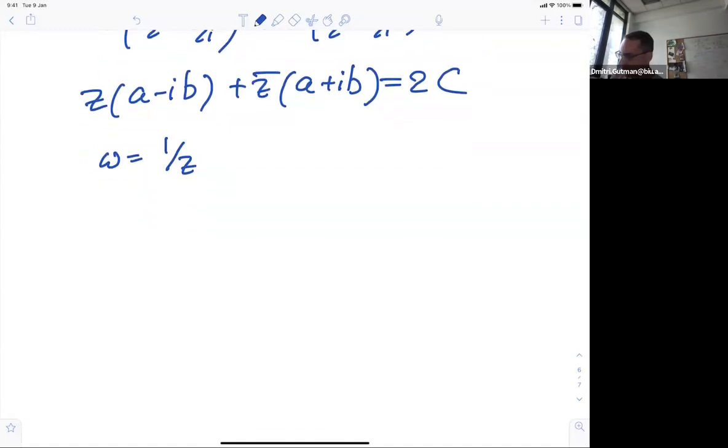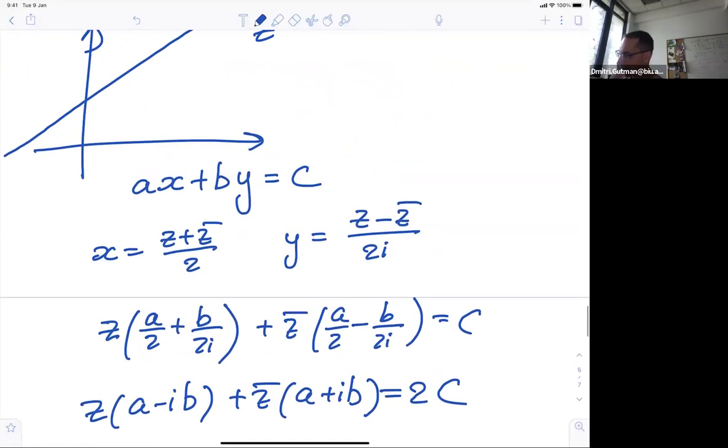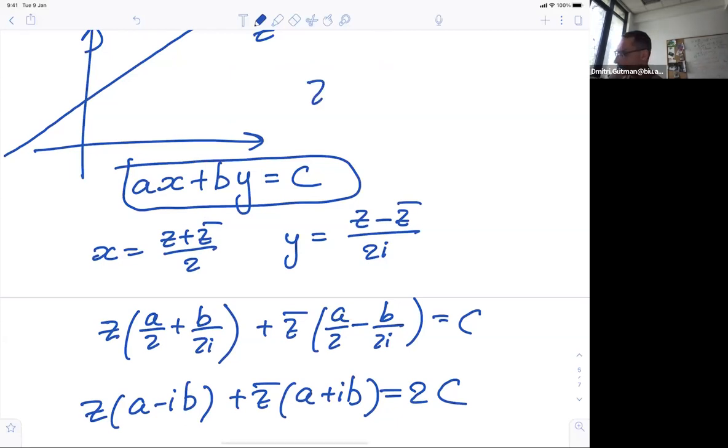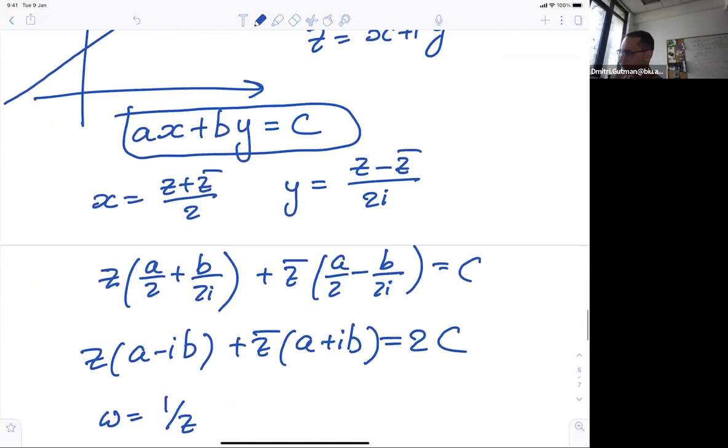Remember, a and b have nothing to do with z. z is x plus iy, and a and b are just two real numbers.